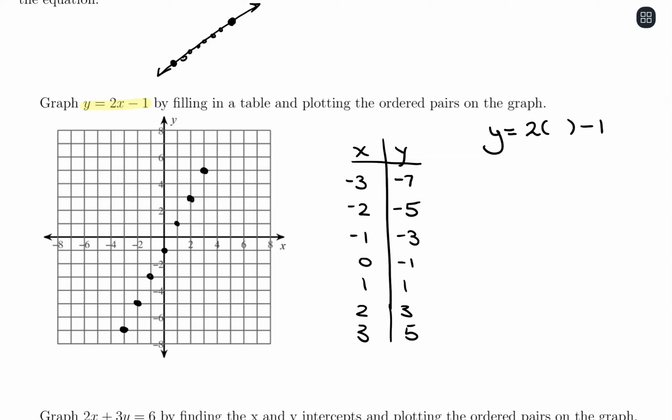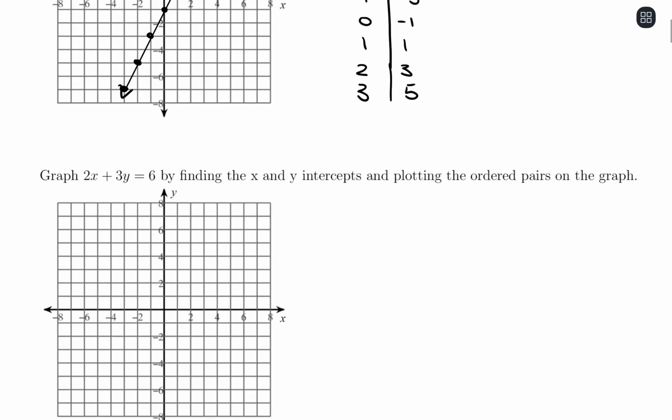There we go. And what we should be able to do is put a ruler or straight edge of some sort on our paper and connect those dots perfectly with a straight line. And that'll continue on forever. Okay, so that's graphing with a table of values.